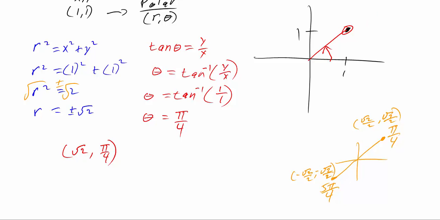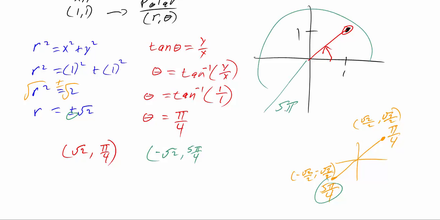Now, if we decided to use this negative, instead of pi over 4, we could have said, let's use a negative square root of 2 and the angle 5 pi over 4, because if we went all the way around here, this would be 5 pi over 4 facing this direction, but we want to get up here to this point, so if we went backwards a negative square root of 2, that would put us here at the same location.